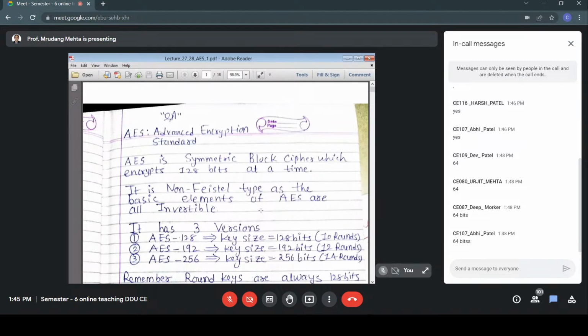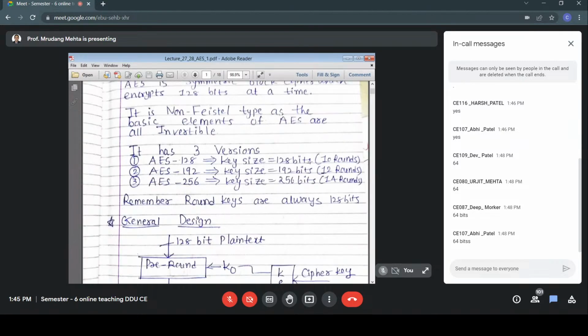Can you recollect? It is a non-Feistel type, as the basic elements of AES are all invertible. If there is a non-invertible element, then it is called Feistel. But if all are invertible, then it is called non-Feistel.